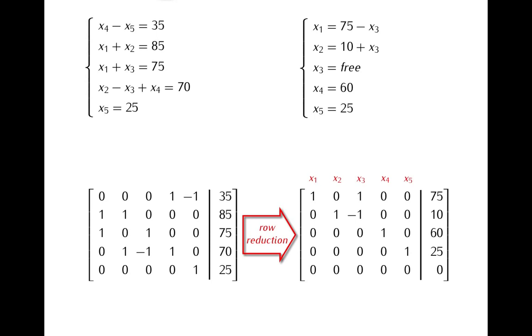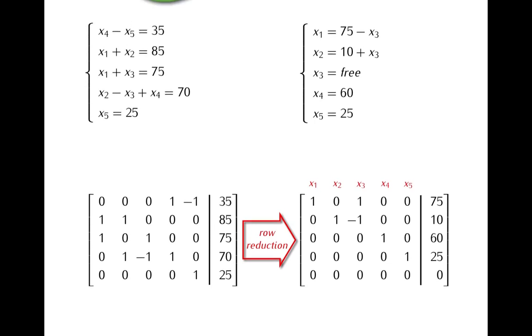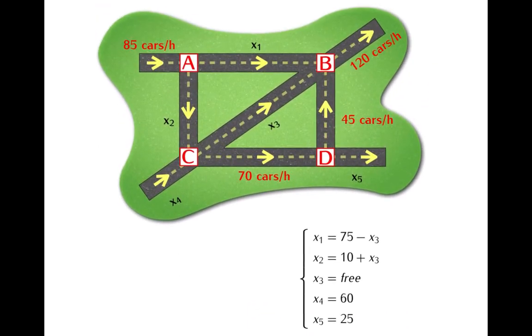Now, let's get back with these solutions to our network of streets. If we enter these solutions into this network, we will get the following picture. As you see, as the result of our computations, we got here some concrete numbers.